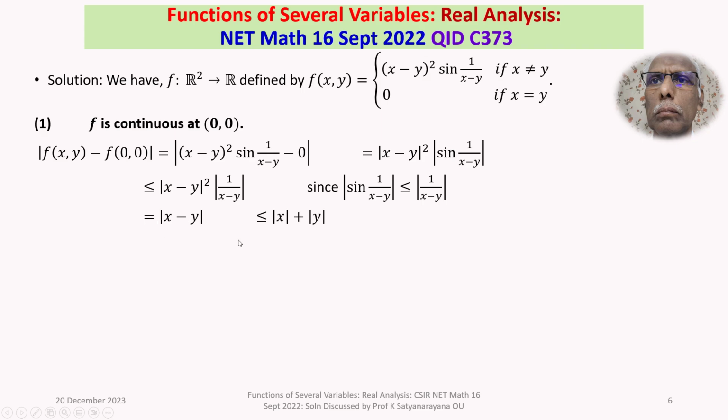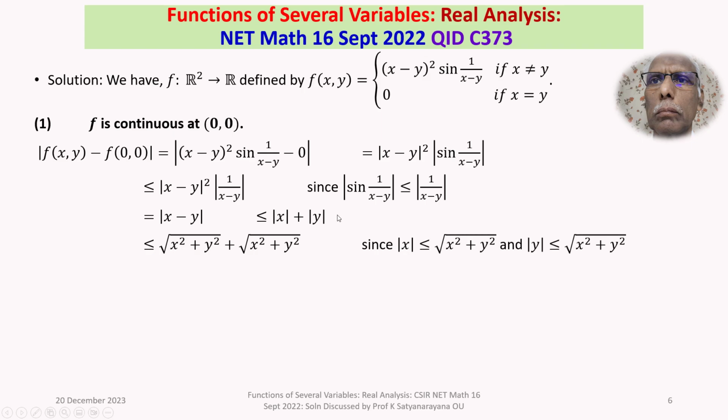Mod of (x minus y) is less than or equal to mod x plus mod y. And we know mod x is always less than or equal to the square root of x square plus y square, and mod y is less than or equal to the square root of x square plus y square.